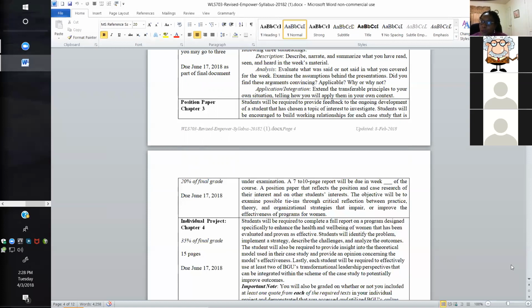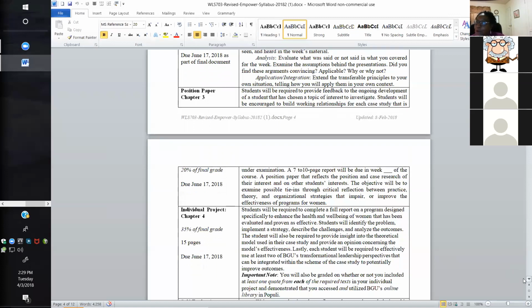Okay. So the individual project now, chapter 4, but in both instances you have the freedom of choice, and we'll do it together in terms of discussing and helping you to formulate what exactly you're going to be looking at. But the individual project, you will complete a report on a program that has been designed to enhance the health and well-being of women.